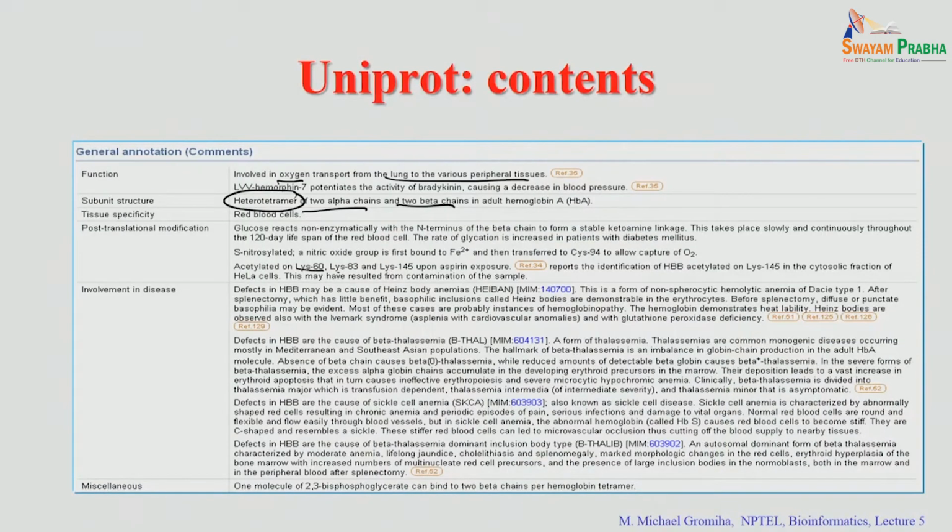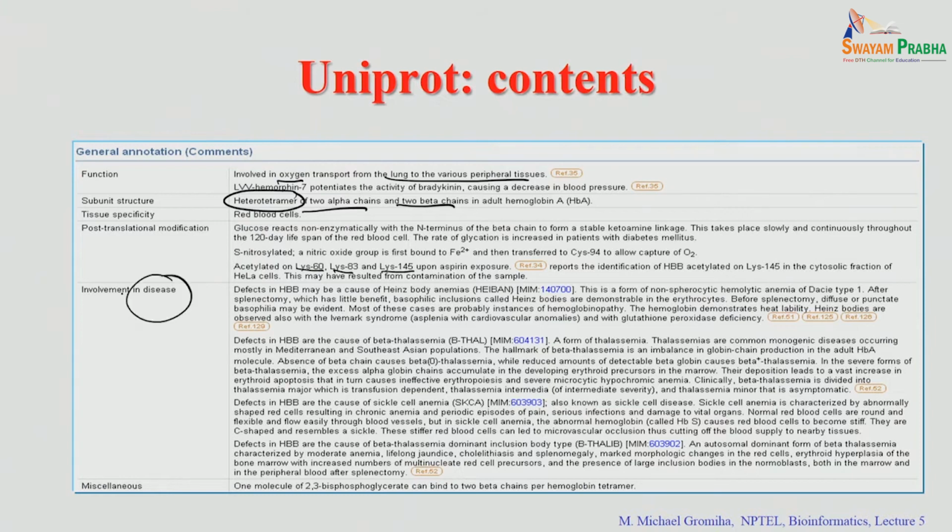Are there any post-translational modifications in this particular protein? They mention glycation and different types of post-translational modifications at these sites, mainly acetylation on lysine 60, lysine 83 and lysine 145, and they give the proper references also. Then, where it is involved in diseases, they give a lot of information.